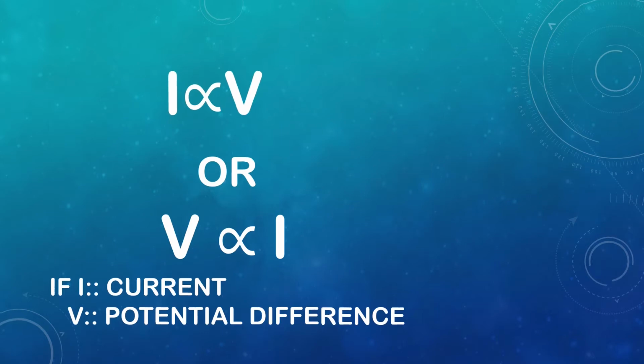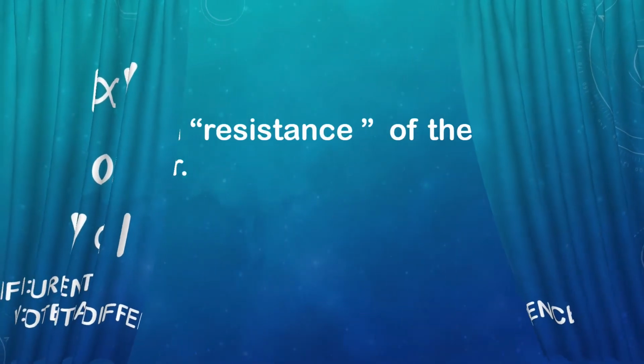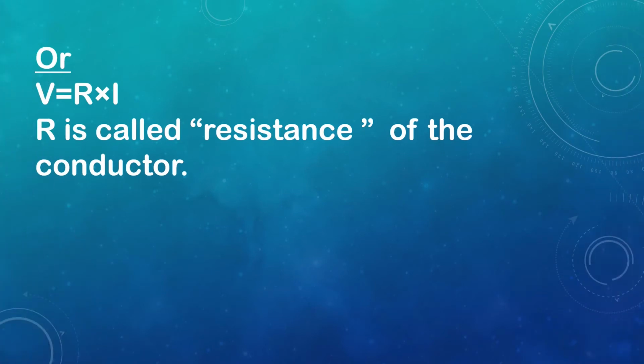If we remove the proportionality sign from this equation, what we get is V equals R into I. This is the rule in mathematics, that if we remove the proportionality sign from an equation, we must multiply the other quantity after the equality sign by a constant. So multiplying I with a constant, that is R, we get the equation V equals R into I, where R is called the resistance of the conductor.